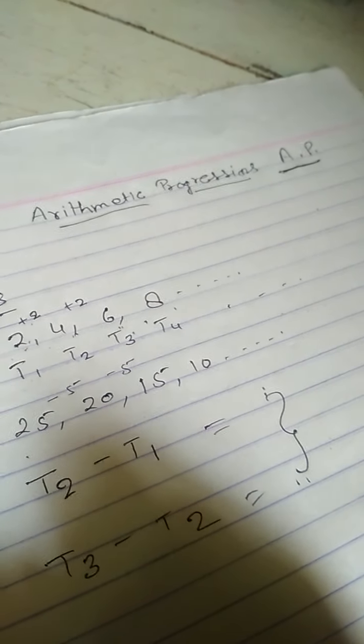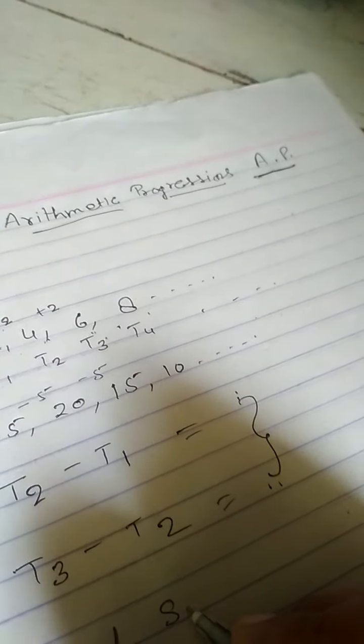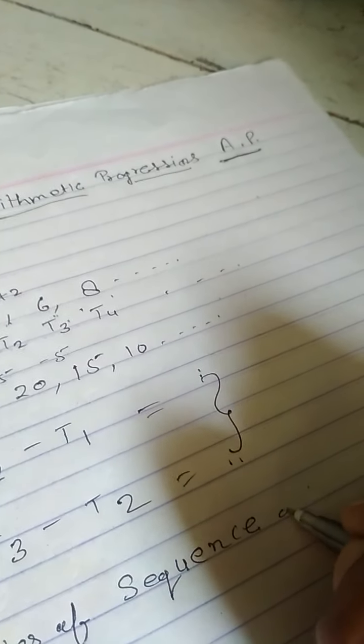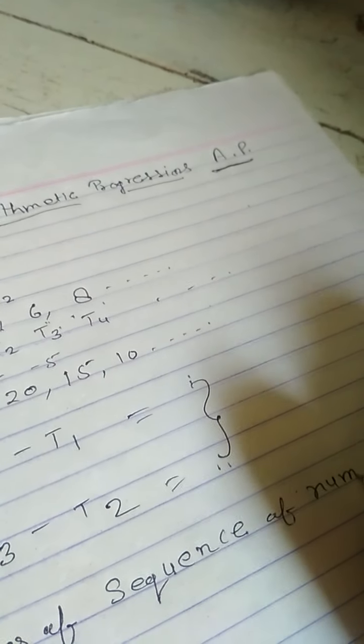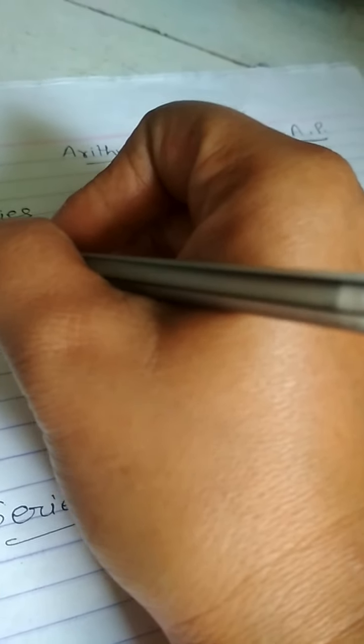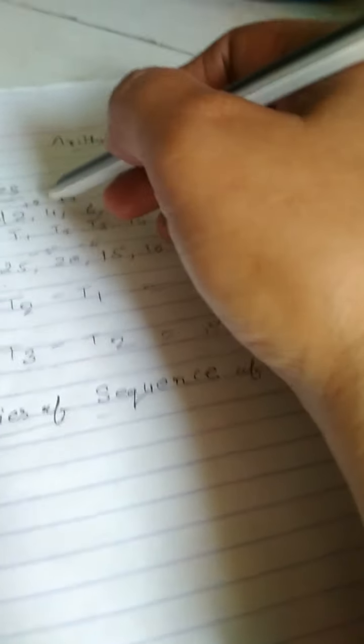Okay. So a series, a sequence of numbers, is called an AP. Here we get ascending order, and here we get decreasing order, but it is the same kind of sequence.